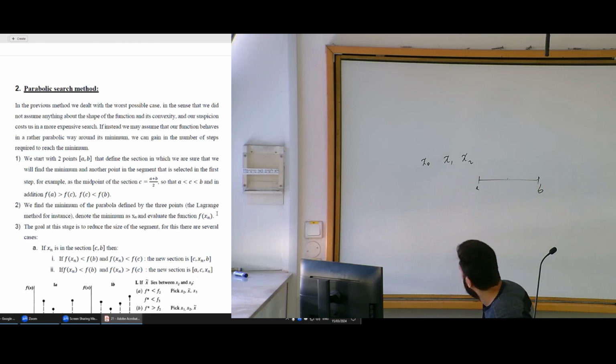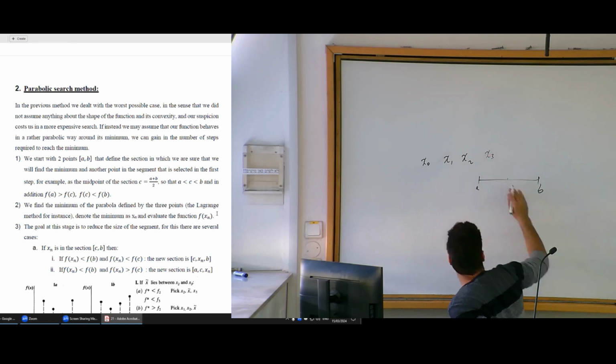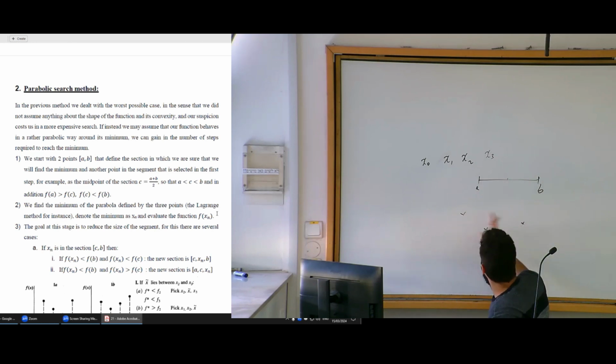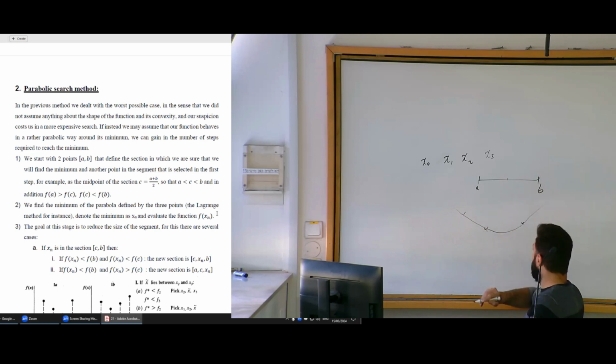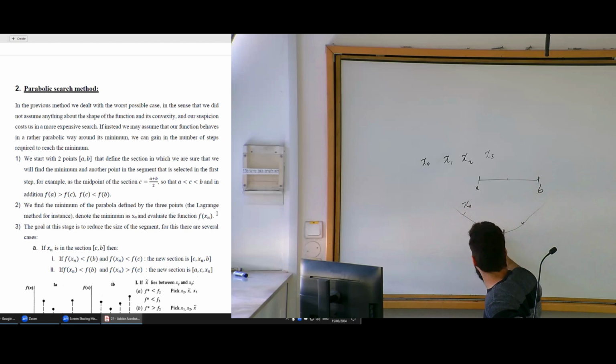And after we interpolate to a parabola, we find the extrema of the parabola, and we call it x3. That's it. So if I have, for example, these values, that's the A, B, and C. I take an interpolation, and here I have now the x3. So this is x0, x1, x2, and now this is the x3.